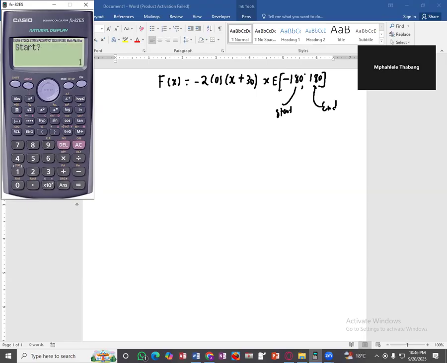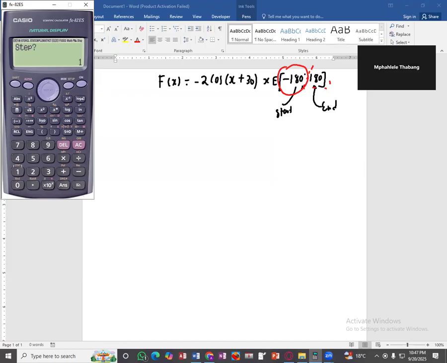The graph starts at -180. They will tell you where you must start when you sketch the graph. So they are saying start at -180 and end at 180.